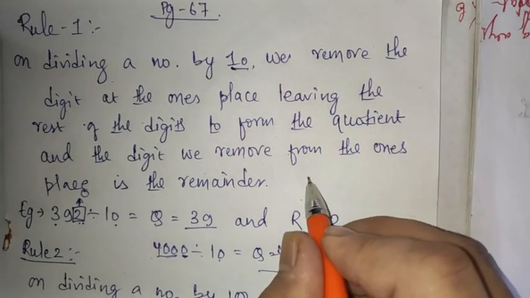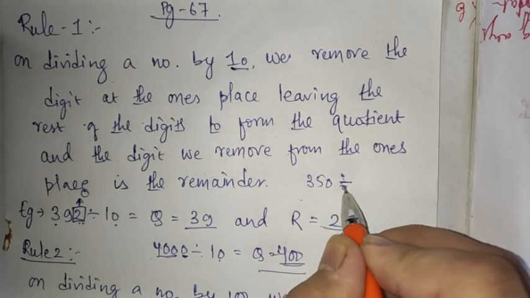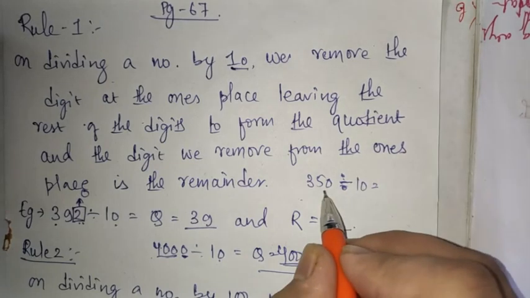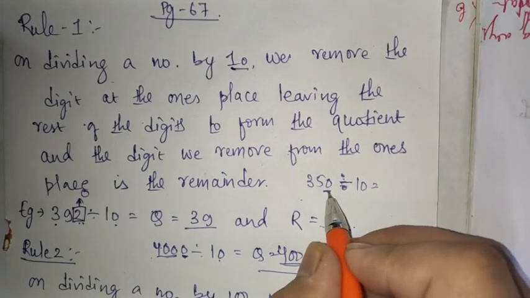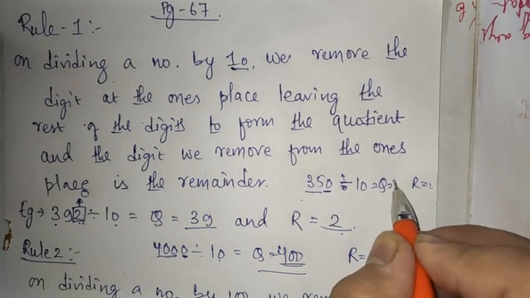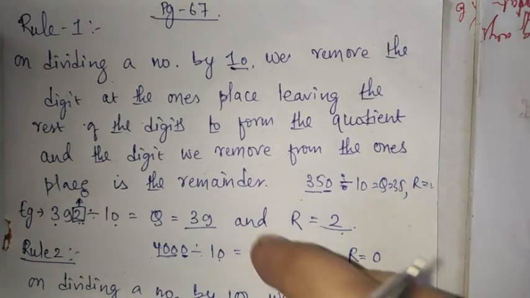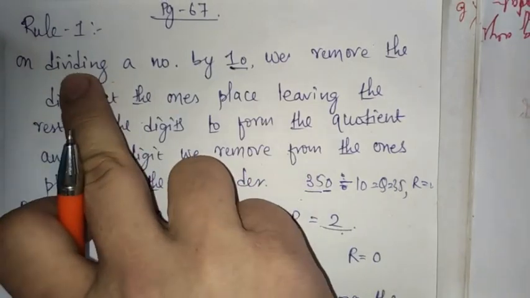Again, one example: 350. If you divide this 350 by 10, the ones position will become your remainder, and whatever is left out will become your quotient, 35. I hope this rule number 1 is okay. We started with the number 10, that is rule number 1.